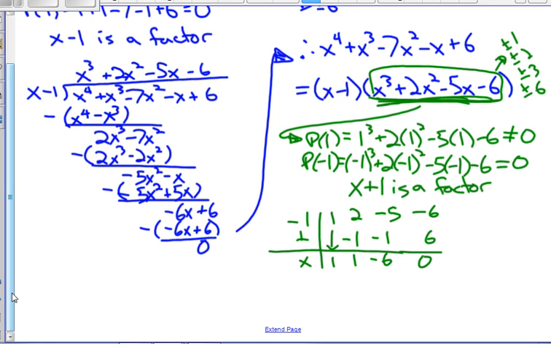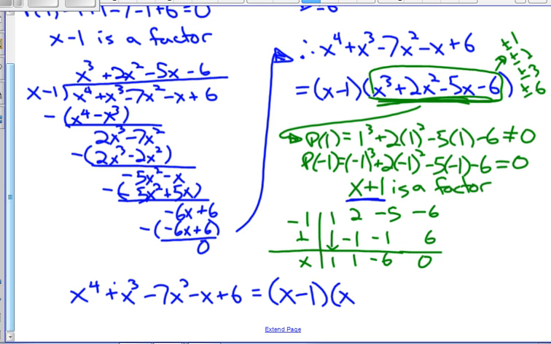So here's where we are at this point. We've got that x to the 4 plus x cubed minus 7x squared minus x plus 6 can be factored like this. We found a factor of x minus 1 to start with. Then we found a factor of x plus 1.